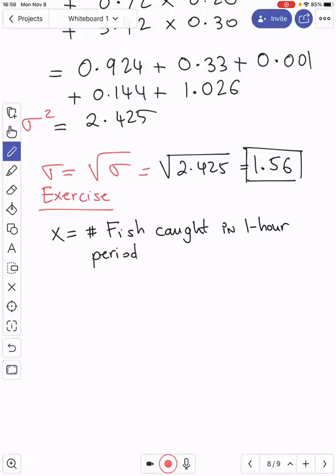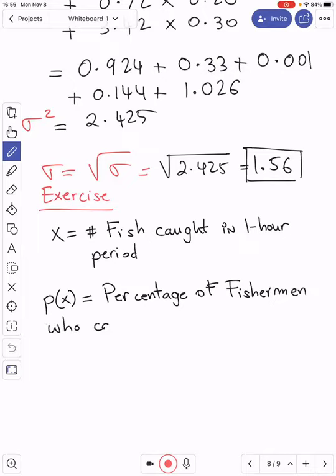Okay, and p of x is the percentage of fishermen who catch x fish.